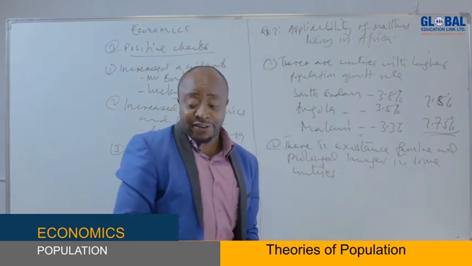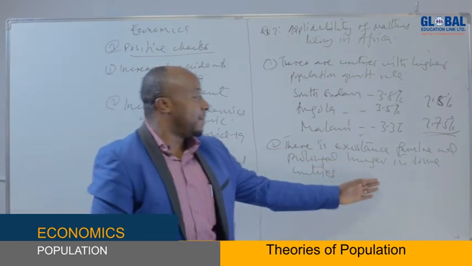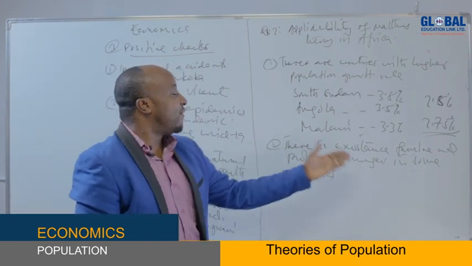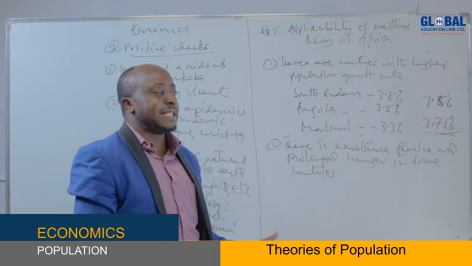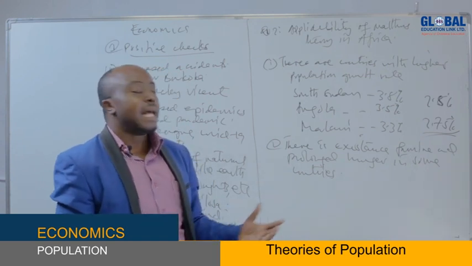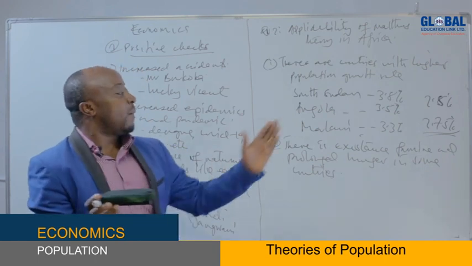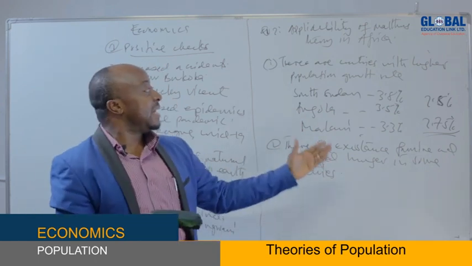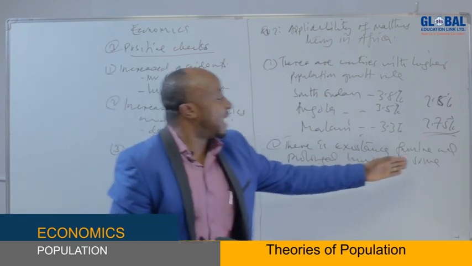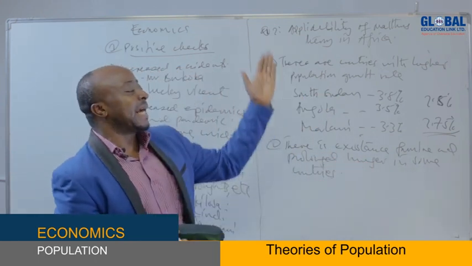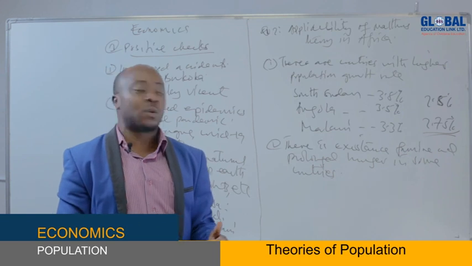Some African countries are facing this problem. They have famine, they have prolonged hunger in their countries. This indicates that probably the ability of that country to produce food is less than the population available. Because Malthus said there will reach a time when there will be a problem like this, just because population has increased above the ability to produce what?